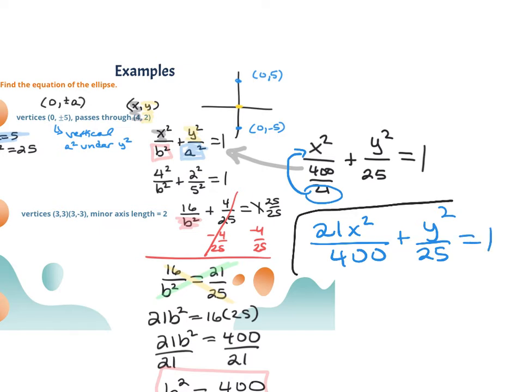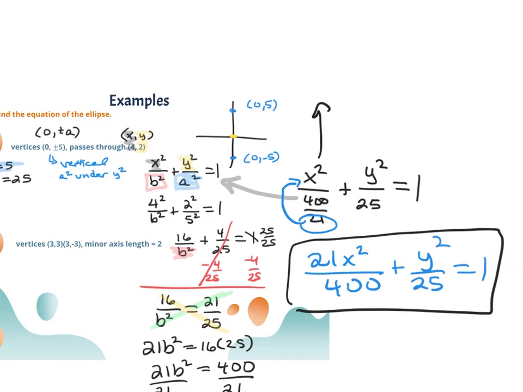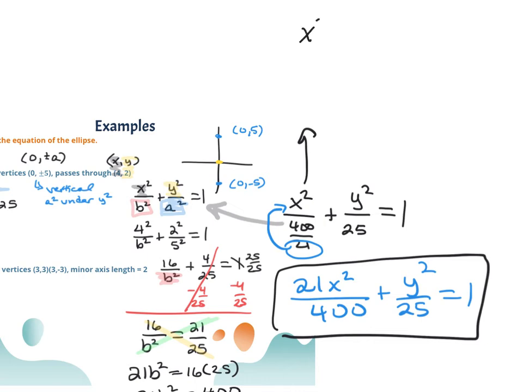But let me show you the math behind it. Remember a fraction bar, so if I'm just working with this first fraction, x squared over 400 over 21, this fraction bar means division. So really what it means is x squared divided by 400 over 21.